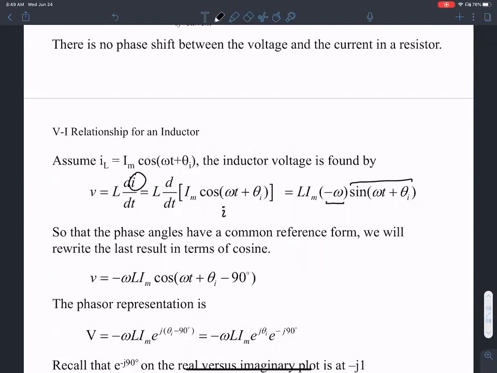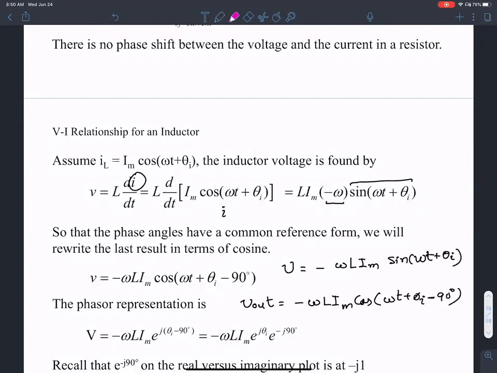So what we have seen is the voltage in an inductor is negative omega L Im sine omega t plus theta I. So if I were to put it all in terms of cosine wave, the output voltage, V output, is negative omega L Im cosine omega t plus theta I minus 90 degrees.